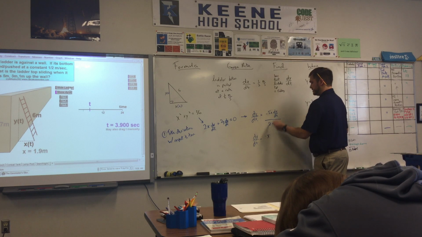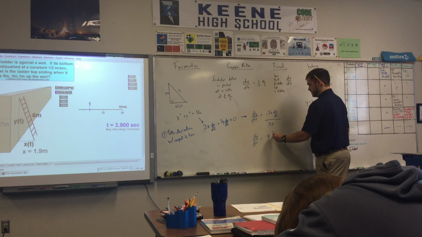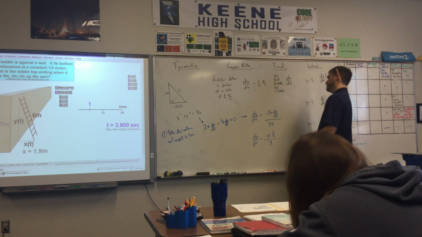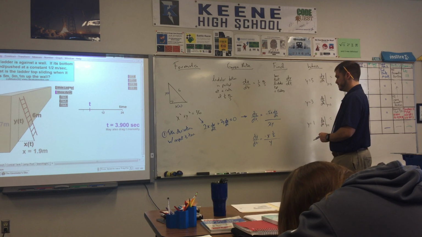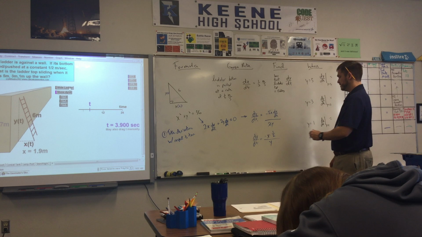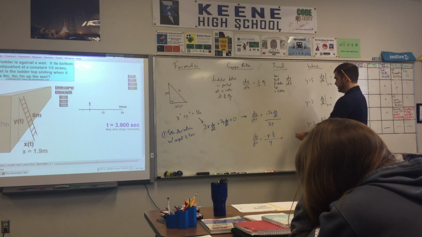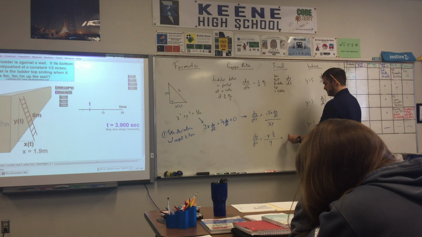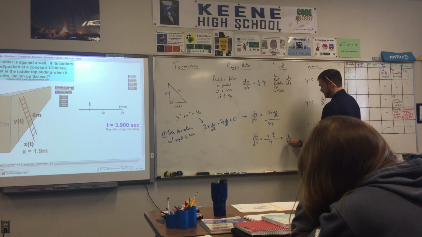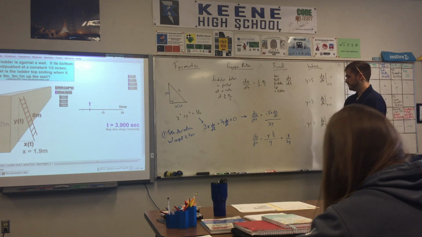So I have negative x times 1/2 meters per second divided by y. Or if we wanted to write that as negative x over 2y.